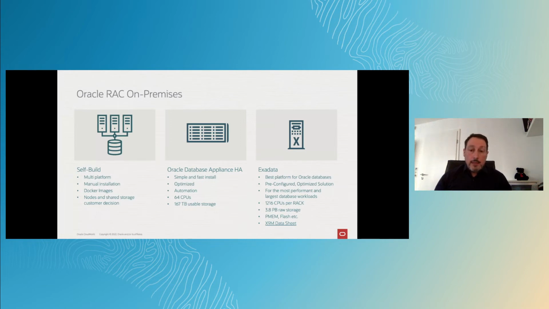So if you really need an environment which can run the biggest databases, really performant, no matter if it's OLTP, data warehouse, or whatever you can think of as database applications, then Exadata is the ideal choice for you, where you can not only run a single rack, but essentially can scale up to 8 racks or even more, and you get an incredible amount of raw storage for your database and the latest technology for PMEM and flash.